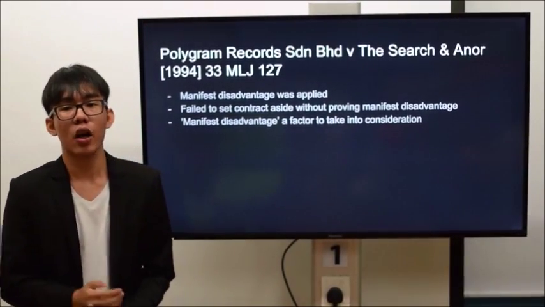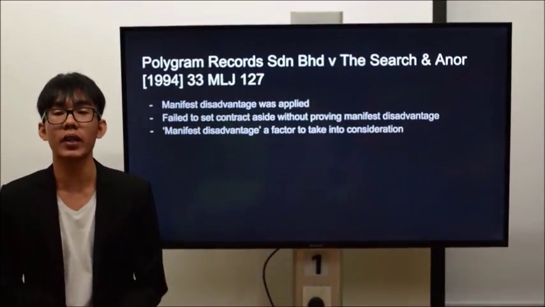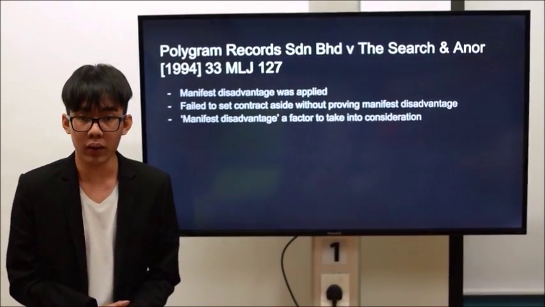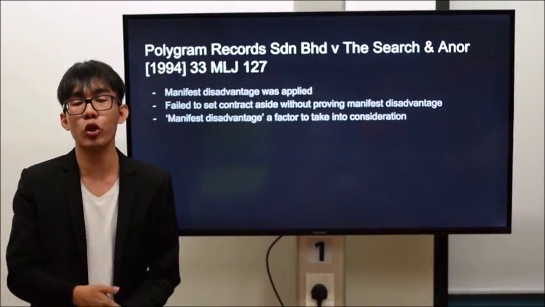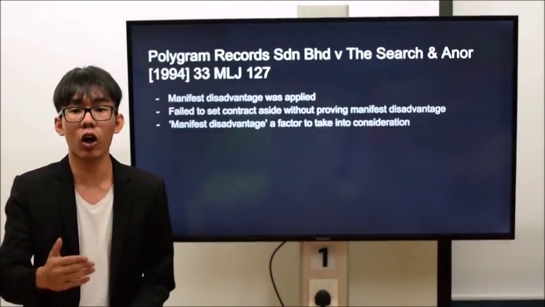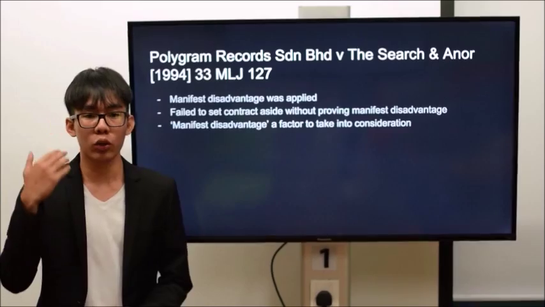Therefore, this case shows that the requirement of manifest disadvantage, although unimportant, the courts will still take the factor into consideration in presuming undue influence in order for the court to reverse the burden of proof to the dominant party.